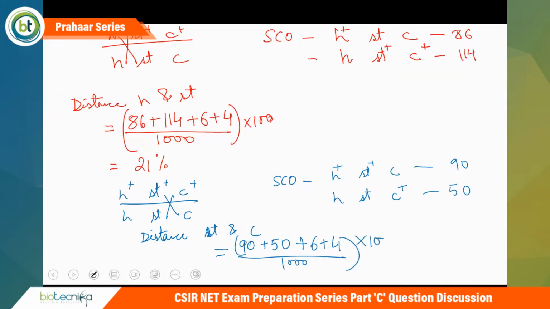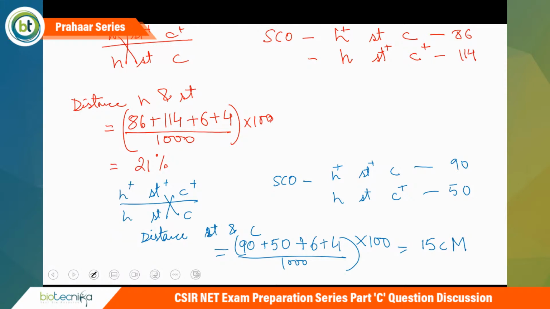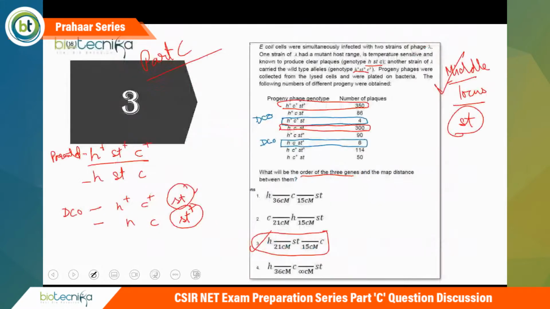Here you will get the recombination frequency, or the distance, as 15 centimorgan. So ST is the middle gene, and the distance between H and ST is 21 centimorgan, and between ST and C is 15 centimorgan.